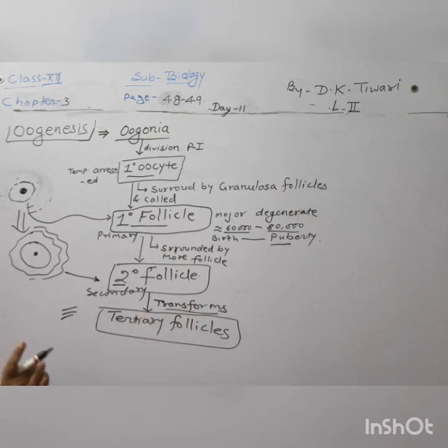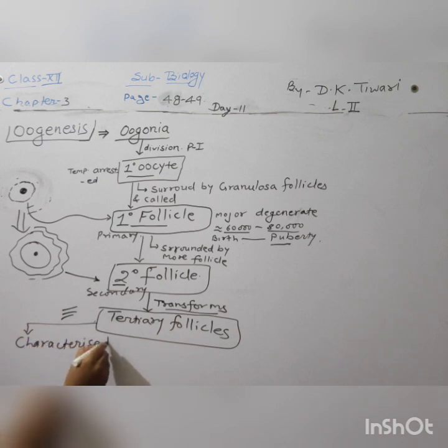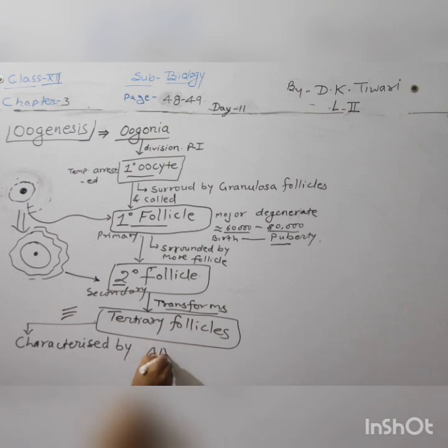Now let's see what happens here in the tertiary follicle. It has a characteristic feature. Tertiary follicles are characterized by a specific antrum. If the antrum is present, then it is the tertiary follicle.